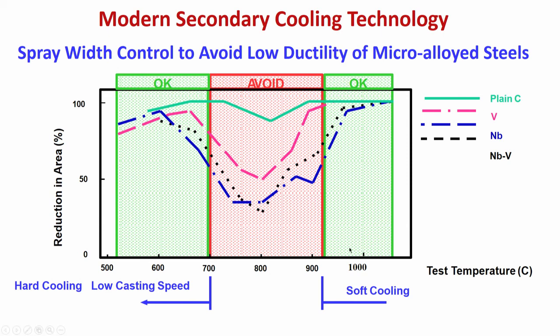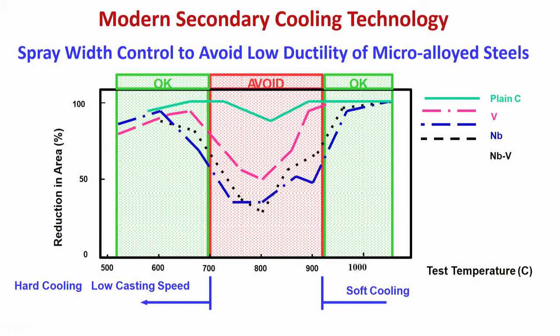So, the temperature is not coming down to less than 900. This is a safe zone. Or you use hard cooling, so that the temperature goes to less than 700 or 750 very fast, and you can avoid this temperature region. Or you do low casting. How does low casting help? Low casting helps in getting a very low temperature.